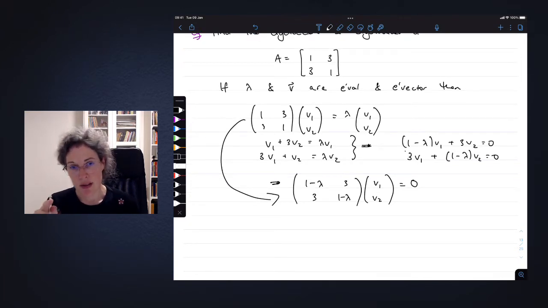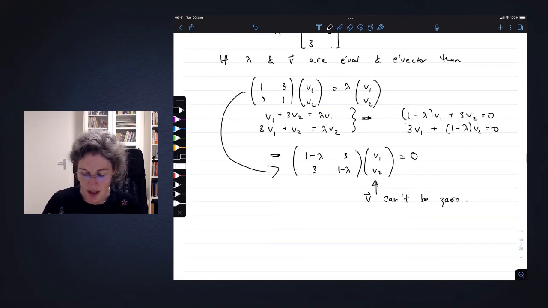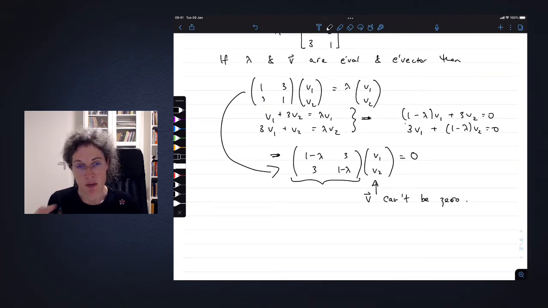But there's an important thing here, because we know that v can't be 0, because we've said it's an eigenvector, and eigenvectors are not allowed to be the 0 vector. So v can't be 0, and we can deduce that this matrix over here can't be invertible.